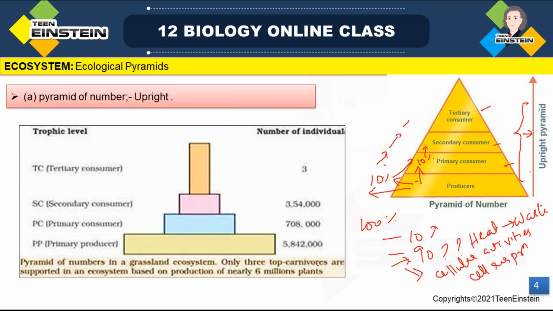Only 3 top carnivores are supported in an ecosystem based on production of nearly 6 million plants.